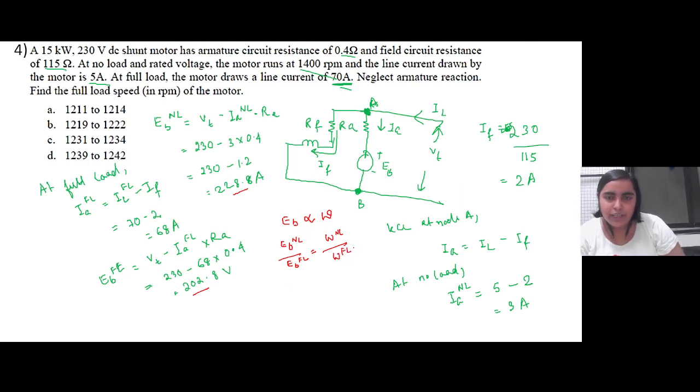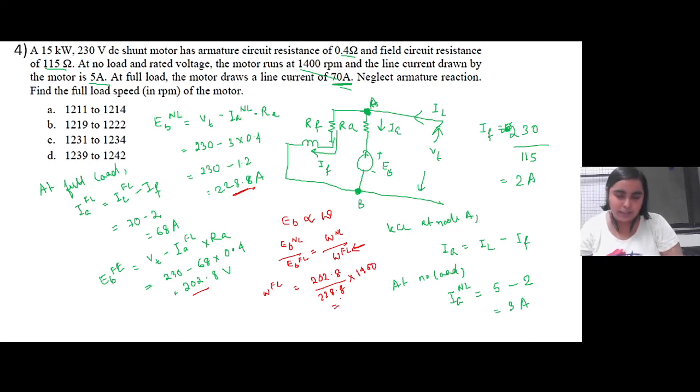We have to find this omega at full load. So omega at full load will be equal to EB at full load, which is 202.8, by EB at no load, which is 228.8, times omega at no load, which is given as 1400 rpm in the question.